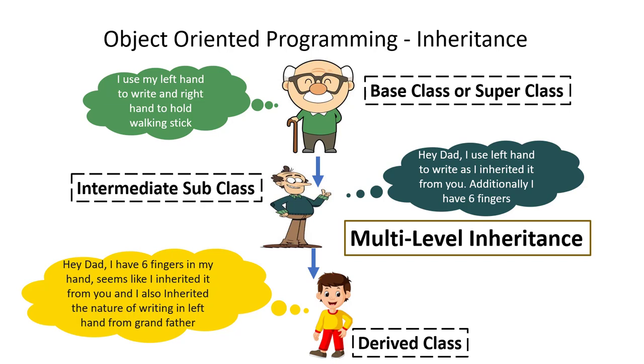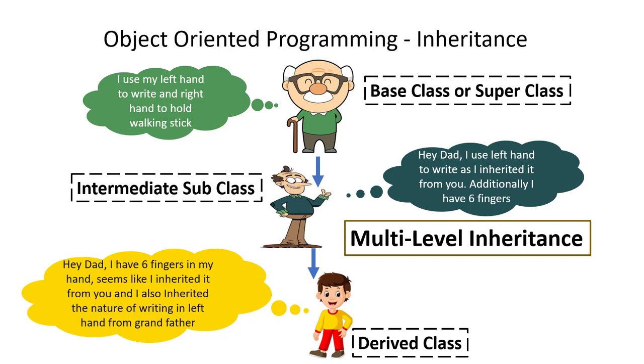So to reiterate, the root class is termed as superclass or base class. The class which acts like a parent as well as a child is termed as intermediate subclass. And finally, the leaf class is termed as derived class.